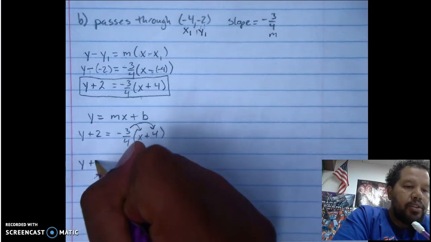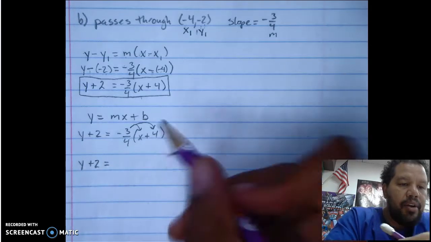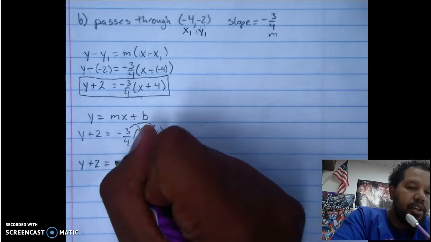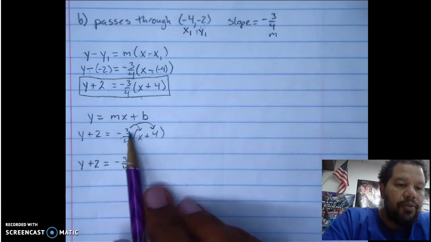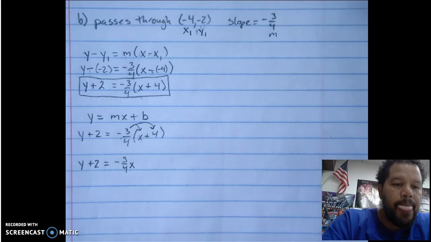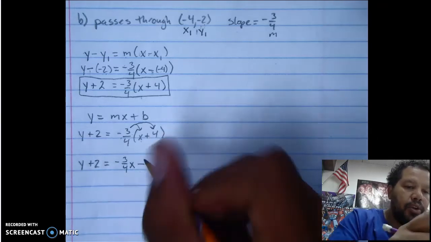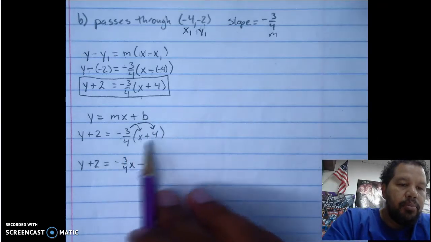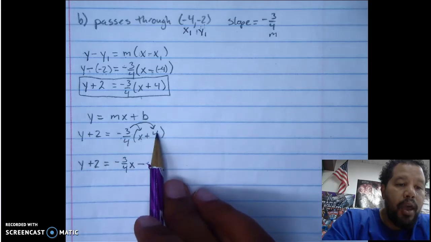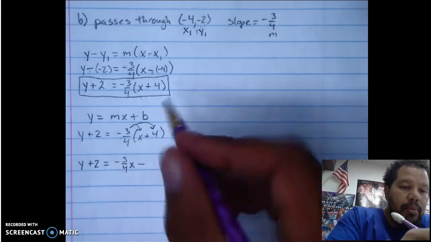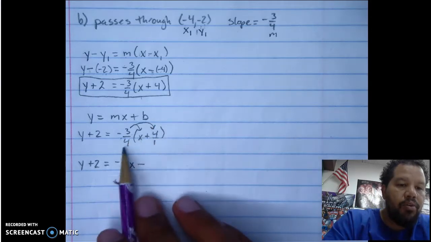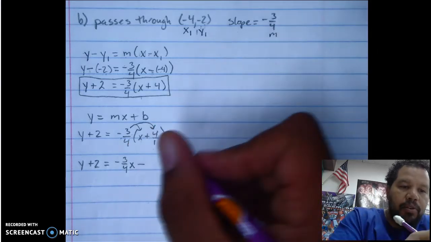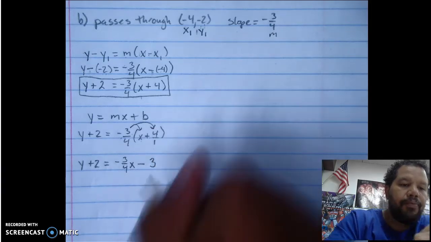So I get y plus 2 on the left because nothing happened there. -3/4 times x is just -3/4 x. And then -3/4 times +4 will give me a negative result. Doing the multiplication, 3 times 4 is 12, and 4 times 1 is 4. So I get 12/4, which simplifies to just be 3.